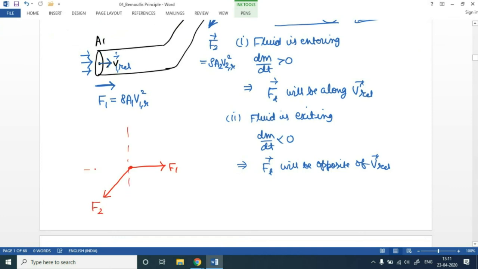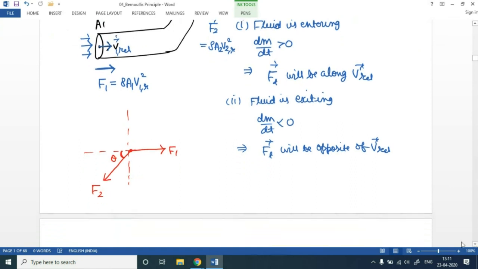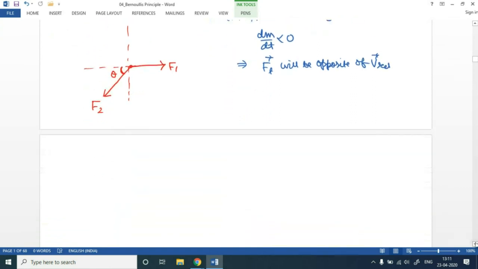Let's resolve it into components and say this angle is theta. So when I redraw this diagram, this would be F1 minus F2 cos theta, and this component is going to be F2 sin theta. So this is experiencing this much force.